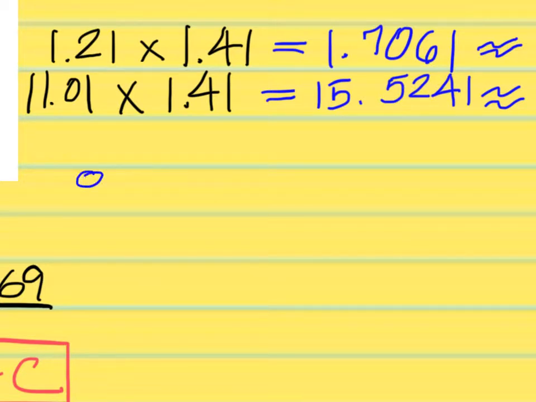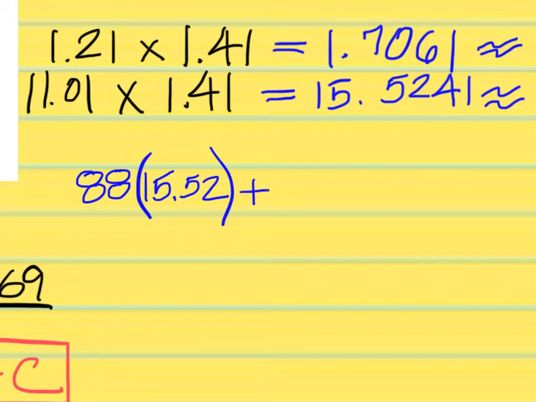Adult tickets, 88, times the new adult price of $15.52. Add that to 61 children tickets times the new children price of $1.71.